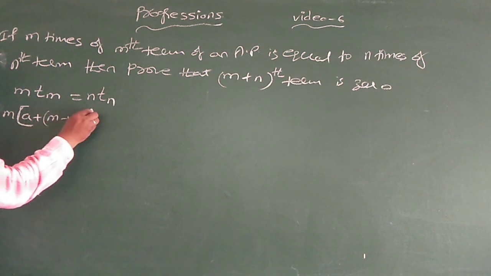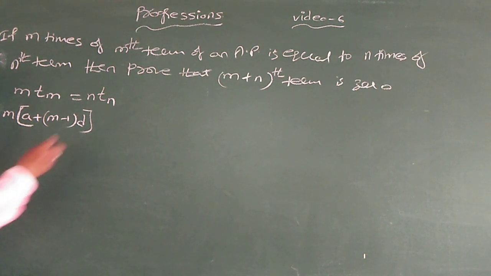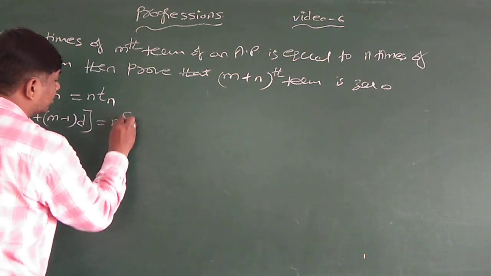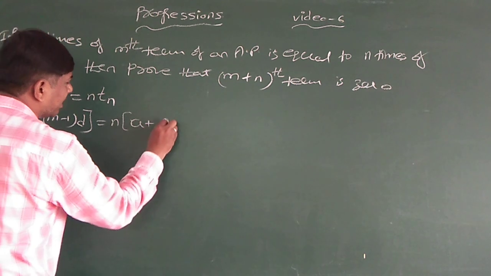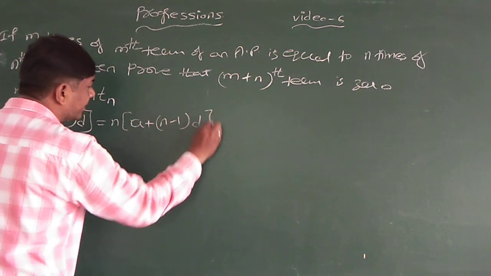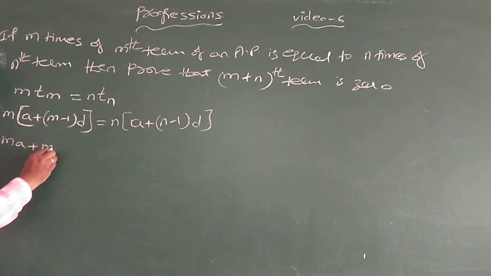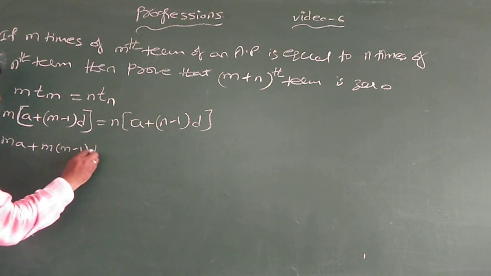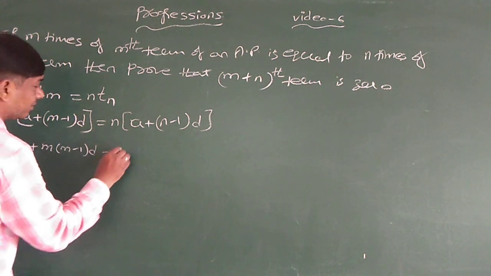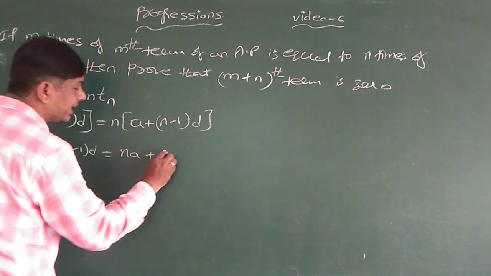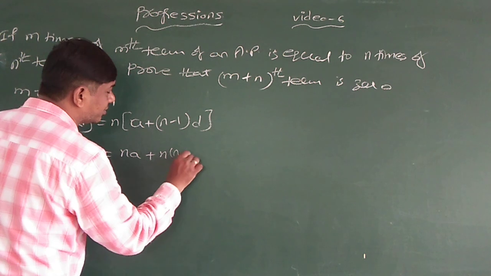So m into a plus (m minus 1) into d is equal to n into a plus (n minus 1) into d. Now simplify: ma plus m into (m minus 1) into d is equal to na plus n into (n minus 1) into d.